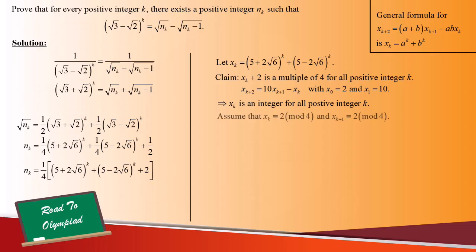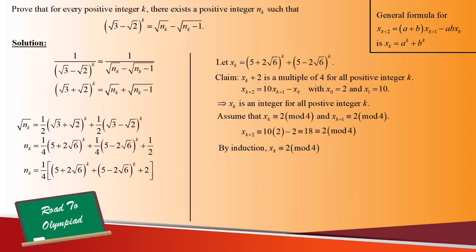Assuming that x_k and x_{k+1} are both equal to 2 mod 4, then x_{k+2} is equal to 10 times 2 minus 2, which is 18, and this is equivalent to 2 mod 4. Therefore, since x_0 and x_1 are known to be 2 mod 4, by induction it is clear that each of the x_k is also equal to 2 mod 4, and thus our claim is true.